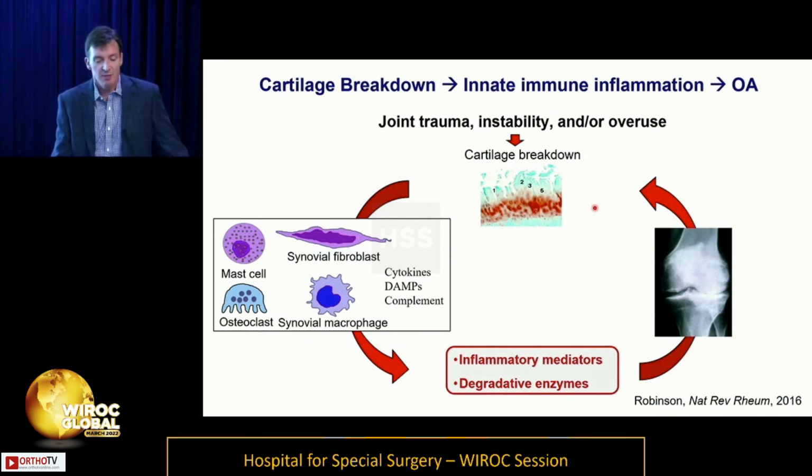So in my view of OA, and I think increasingly the field's, these different cells that are resident in these tissues become activated in these pathogenic ways and make inflammatory and degradative mediators. These damage cartilage and bone and the synovium, and this results in a cyclical process.